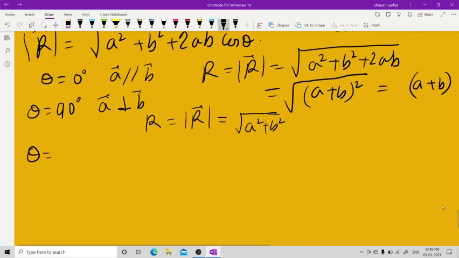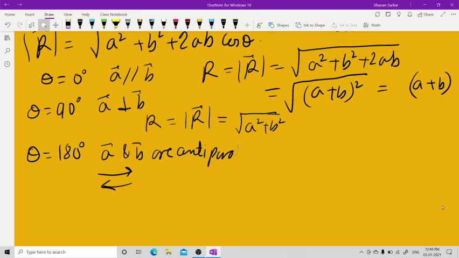At theta 180 degree, that is, A and B are anti-parallel. One is in this direction, the other is in the opposite direction.